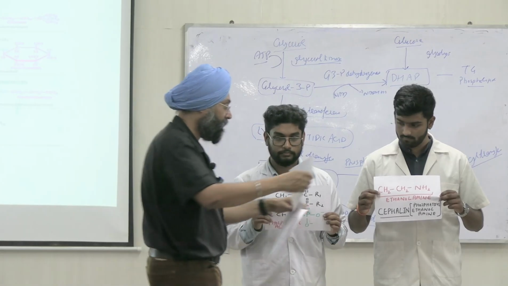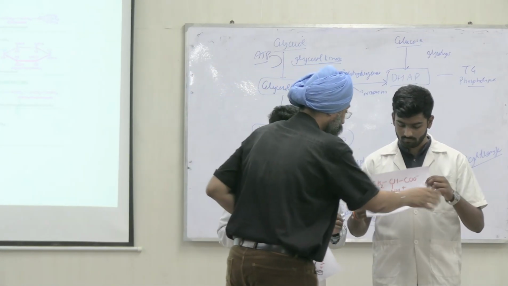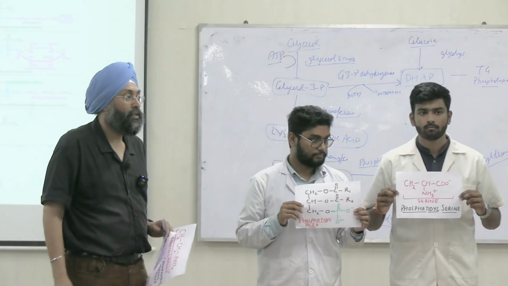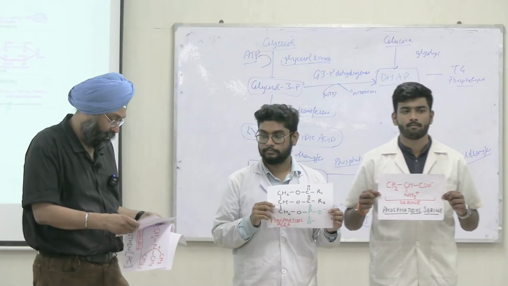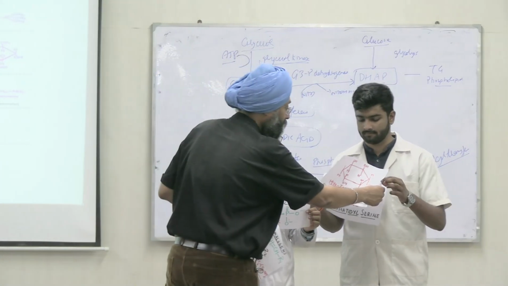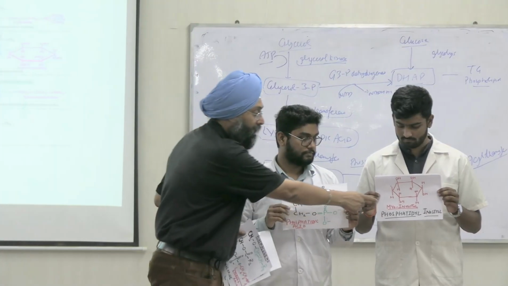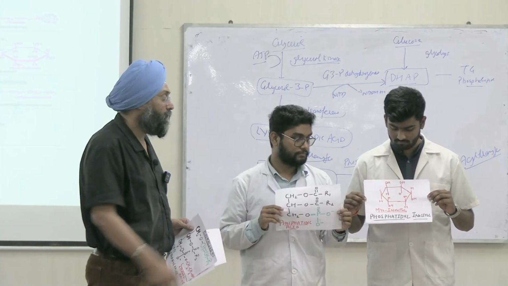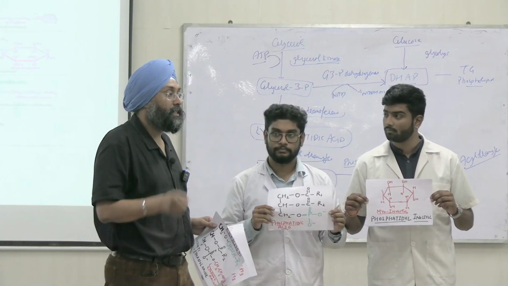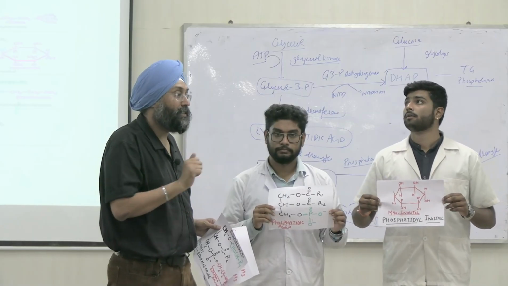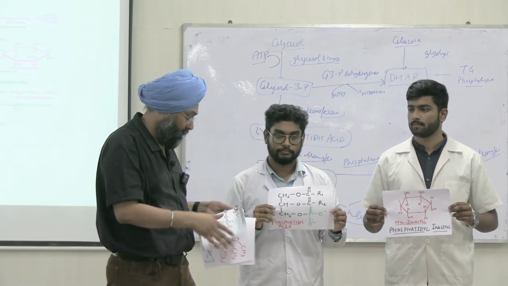When we attach serine with phosphatidic acid, it becomes phosphatidyl serine. And when we attach inositol, another group, it becomes phosphatidyl inositol. What is its use? It is involved in action of hormones like vasopressin and oxytocin.